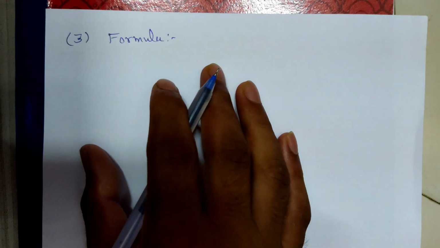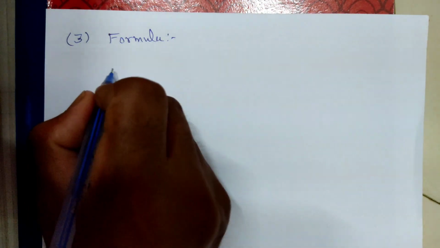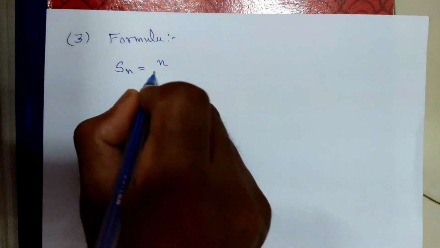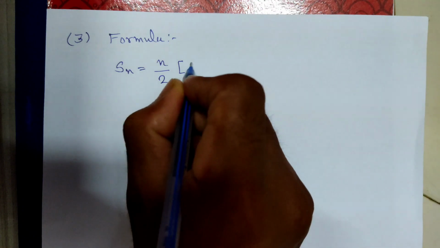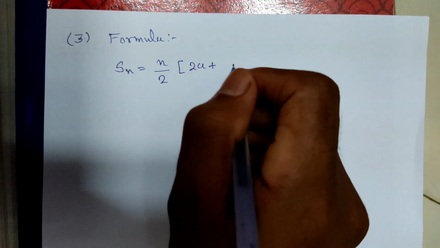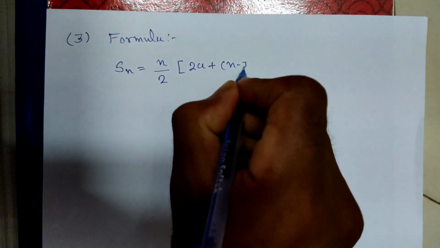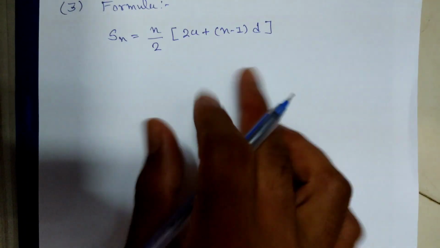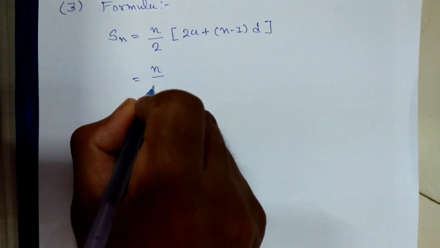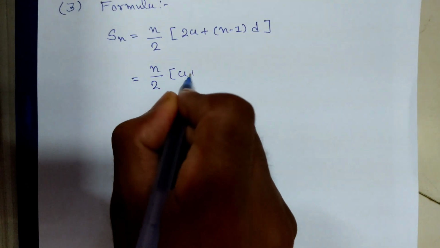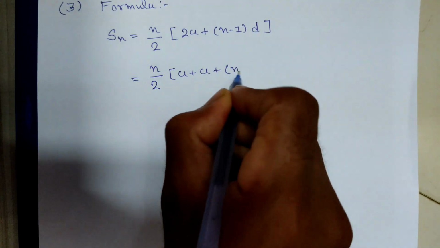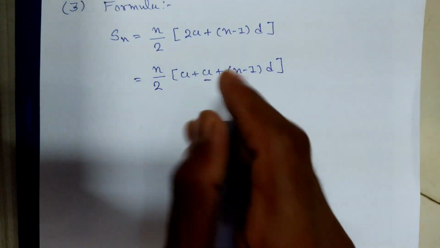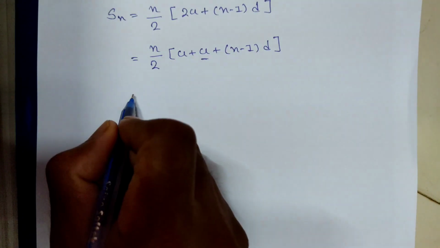And the third method is by the formula. As we know, the sum of an arithmetic progression Sn is given by n by 2 into 2a plus n minus 1 into d. We can also write this as n by 2 into a plus n minus 1 into d, where a is the first term of the progression.